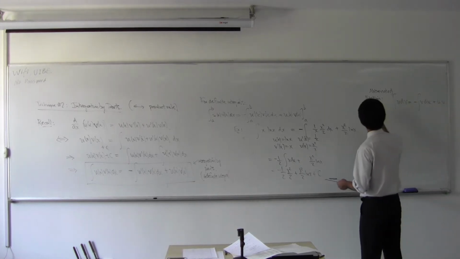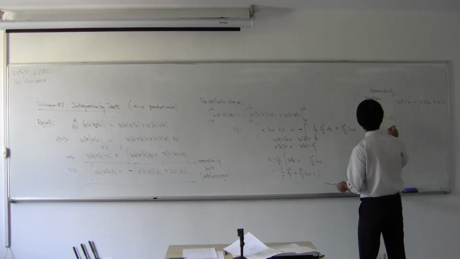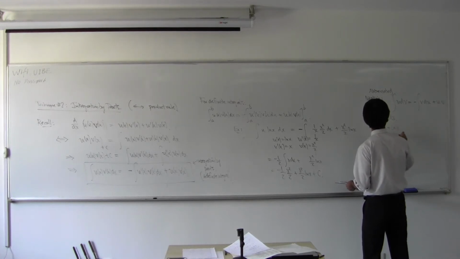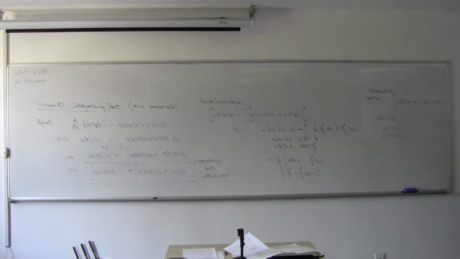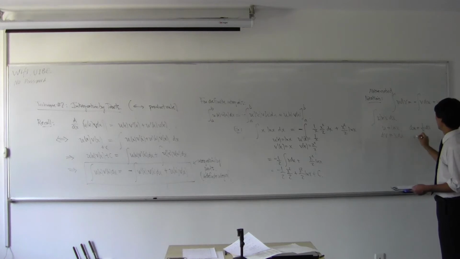So in the one we just did, people would say, I'm going to let u be natural log x, and dv be x dx. Then du is 1 over x dx, and v is x squared over 2.